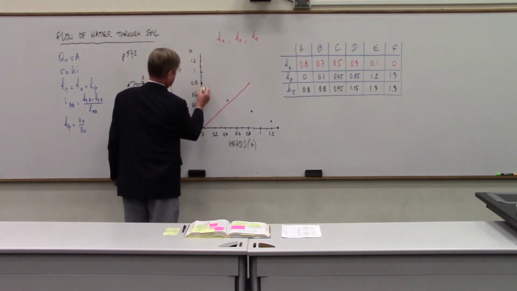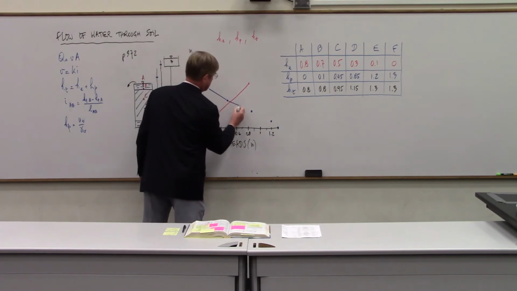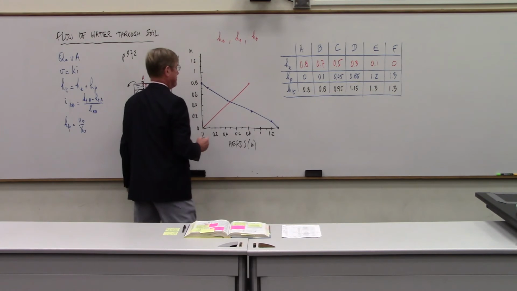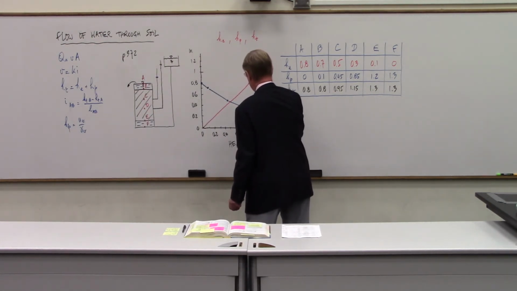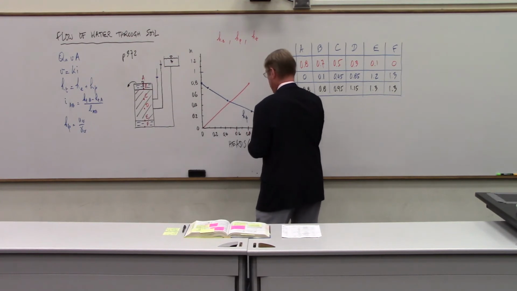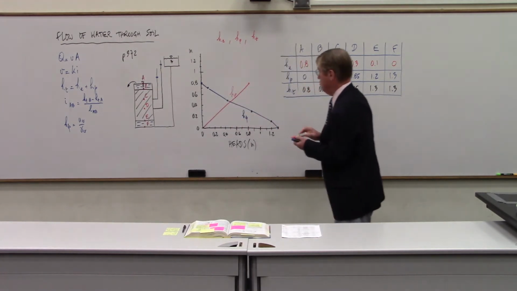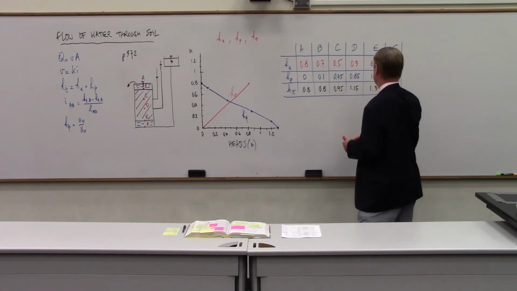So the diagram for the pressure head is like this. So this is H sub P, and this one was H sub E. And then the total head is the addition of these two.